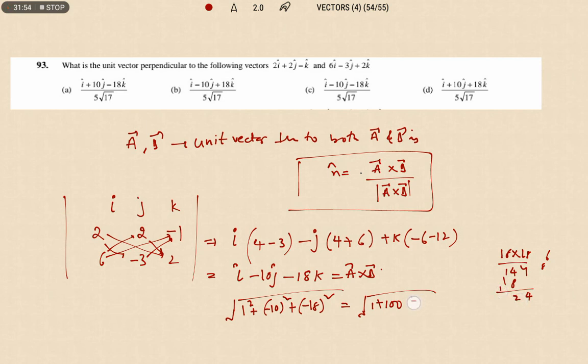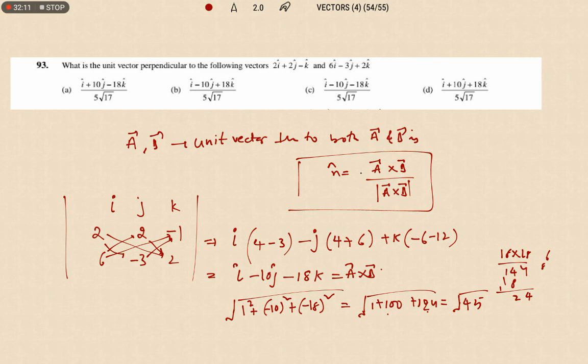So 324 plus 101 is 425. So we can express it, I think, as 5 root something. So 5 root 17, I think.